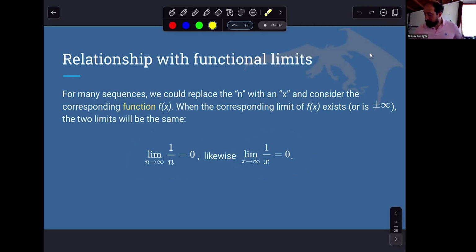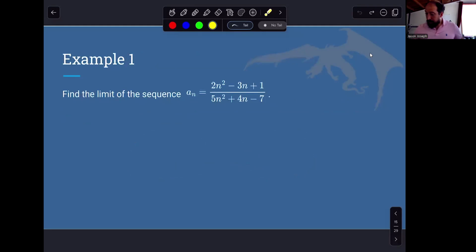Okay, so here's our first example. Here's a sequence defined by this ratio of quadratic expressions in the index n, and it just says find the limit of the sequence.